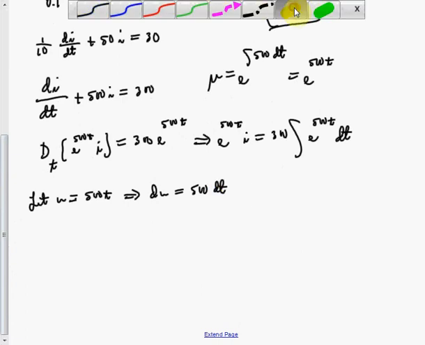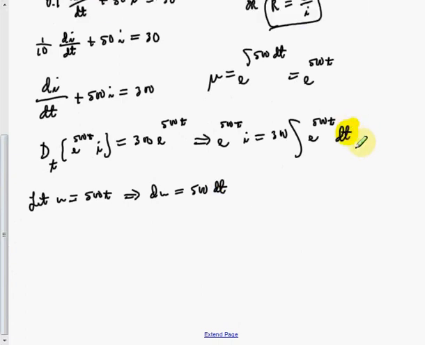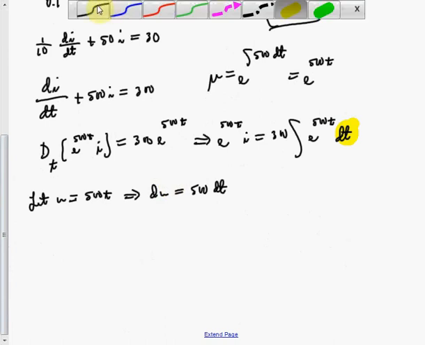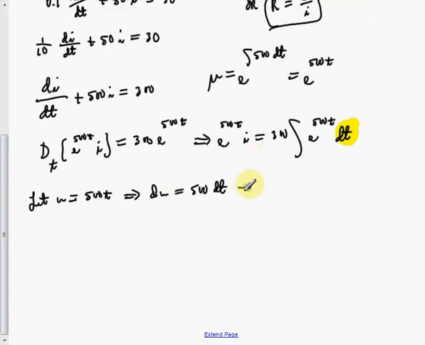You need to represent dt in the integrand, but dt from this substitution is du over 500. Right? So this implies that 1 over 500 du is equal to dt. So I'm going to represent this dt with 1 over 500 du.